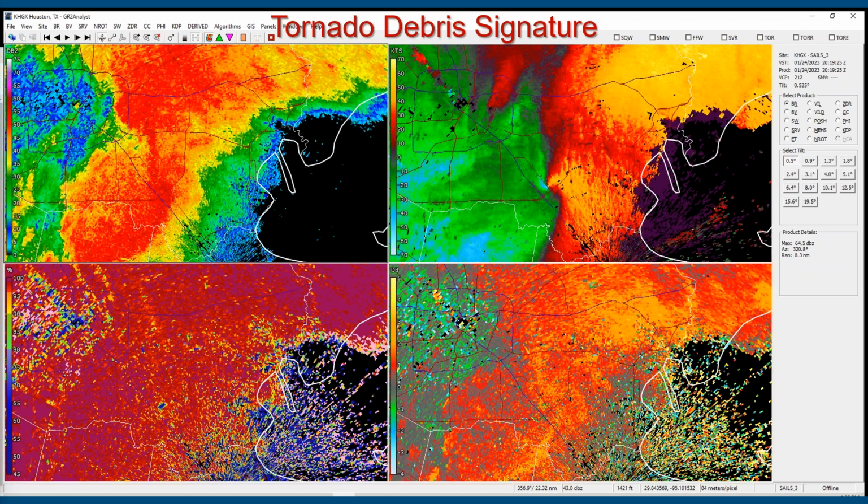I'm going to go ahead and circle the areas I'm focusing on. A tight circulation here. This is Beltway 8. Here's 45. Actually crossed both of those major highways. Reflectivity basically reveals that tight circulation is surrounded by heavy rain.